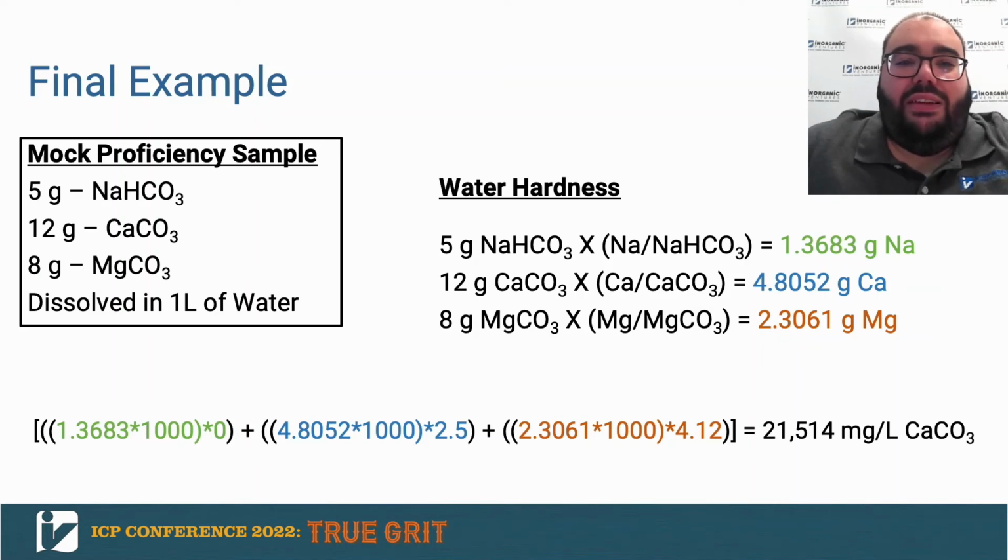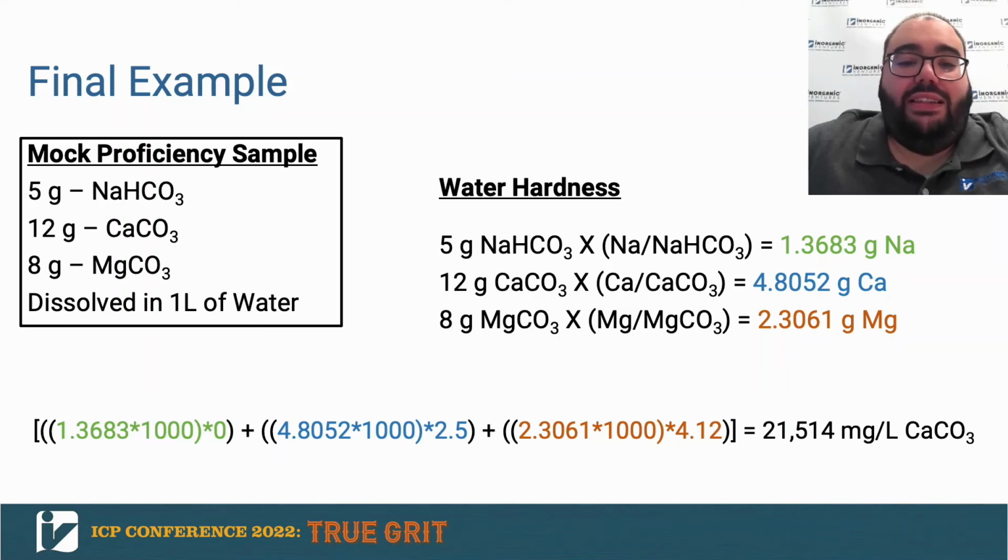If you run that through the calculations using that shorthand that we talked about earlier, you'll see a final result of 21,514 milligrams per liter of calcium carbonate. The interesting thing to keep in mind is that sodium doesn't count, because water hardness does not include sodium. That portion is left out of the water hardness calculation.